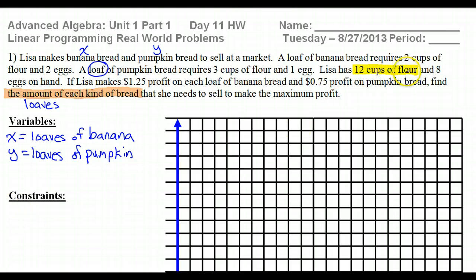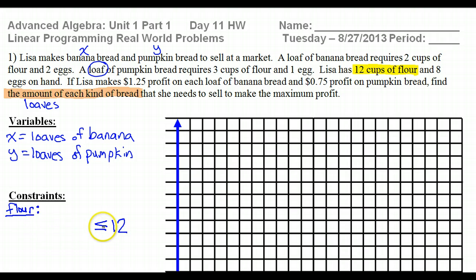So we have a flour constraint. I'm just going to write flour. Underneath and next to the flour constraint, I'm going to write that first thing. Because we have a total of 12 cups, that's going to wind up going at the end of this constraint. Whatever else is happening, we have to use less than or equal to 12 cups of flour.